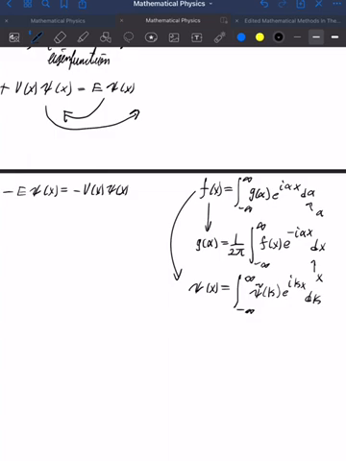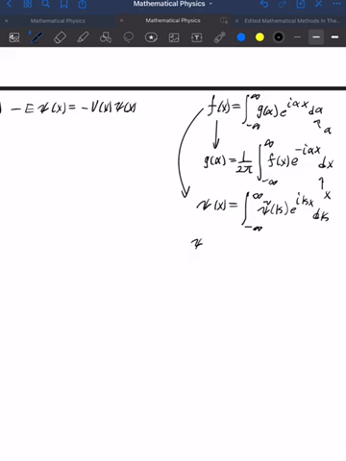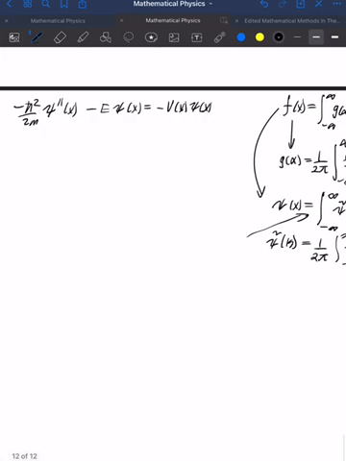But if you're a little confused, psi tilde of k is the Fourier transform of psi of x. So psi tilde of k would be 1 over 2 pi times the integral from minus infinity to infinity of psi of x e to the minus i kx dx. Right? So we can replace psi of x for that integral, and that's exactly what we're going to do here.